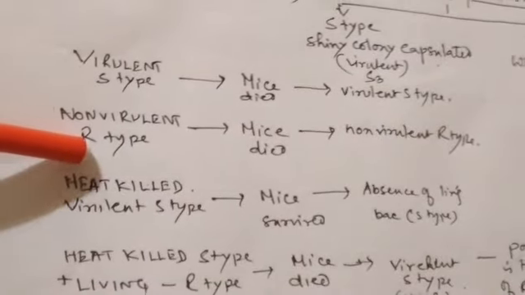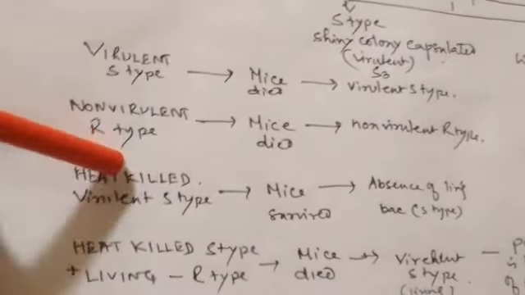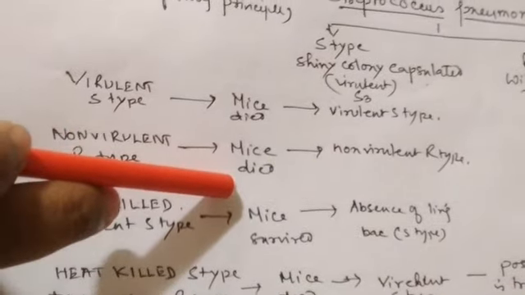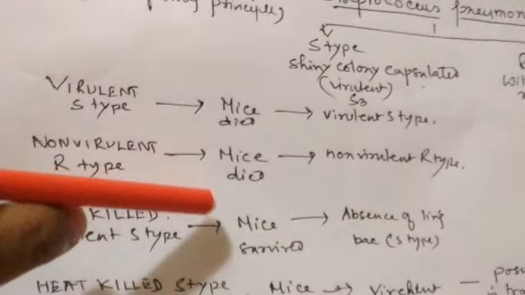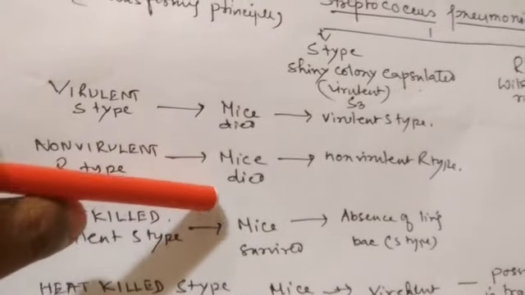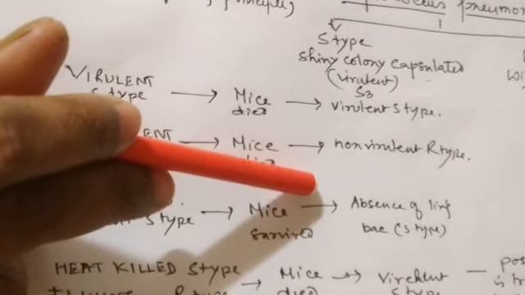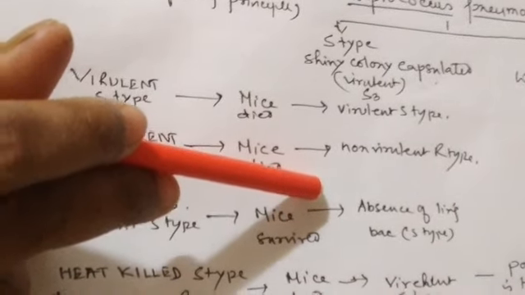Next he took living R, the R2 strain, and injected it into a separate group of mice, and he found that nothing happened. The mouse survived, because the R strain is not pathogenic and cannot produce pneumonia.